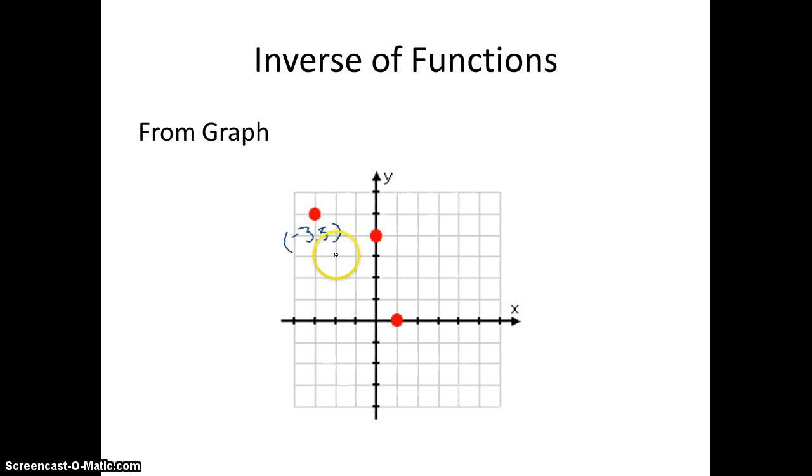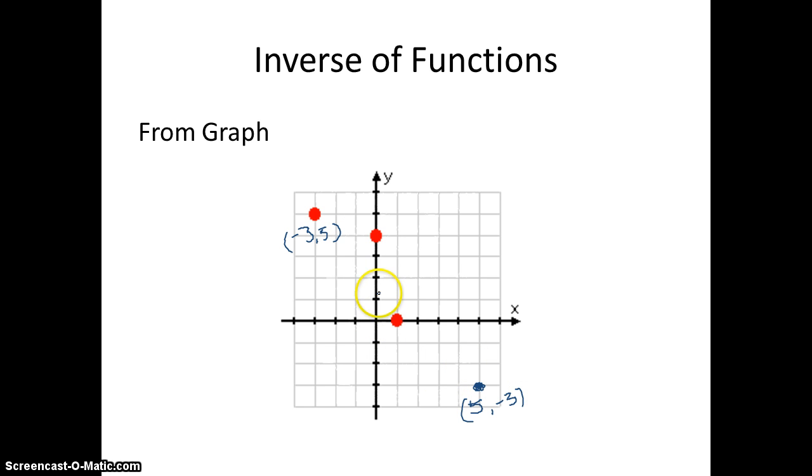So where am I going to plot the inverse of that point? Well, it's just them flipped around, so I need to go to 5, negative 3. 1, 2, 3, 4, 5. 1, 2, 3. So that would be my first point, and that is at 5, negative 3.